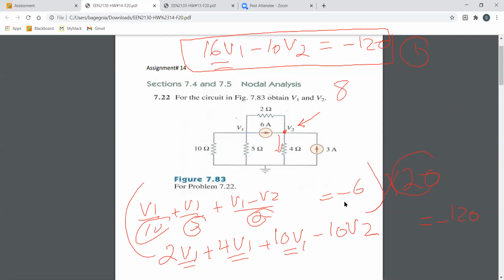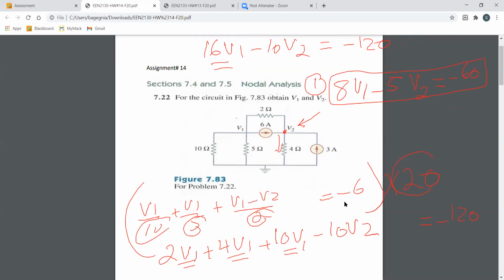So 8V1 minus 5V2 equals negative 60. We label this as equation 1. There's no need to give another number, so this will be our equation.